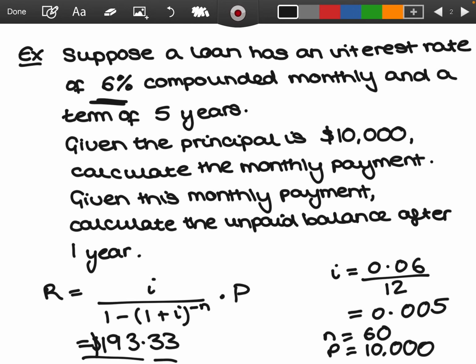If you think about it, I start off with $10,000. In the first month, I am paying 0.5%. That's what this 0.005 is, the interest rate per period. So in a month, I am paying 0.5% of interest on the remaining balance of the loan every month.